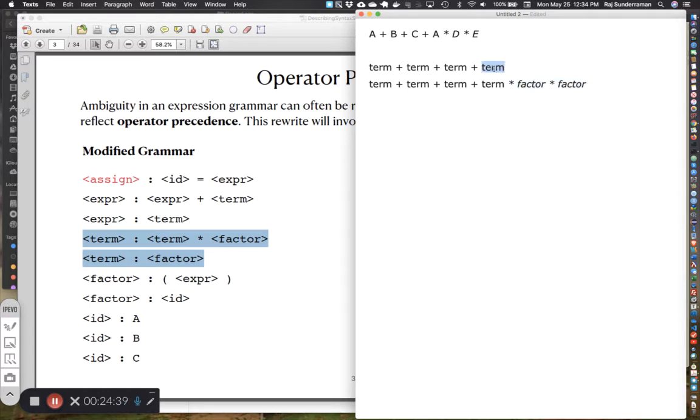On this term you will do term times factor, and then again term times factor until we get the 3 factors. Let's say we do need 3 factors here: a factor for this, a factor for this, a factor for this. At this point, you would replace this by factor. So after you use the recursive rules, you'll replace this by factor. So you'll get term plus term plus term plus factor times factor times factor.